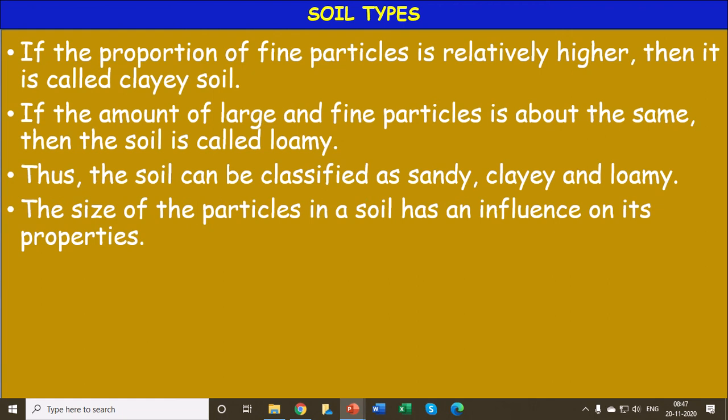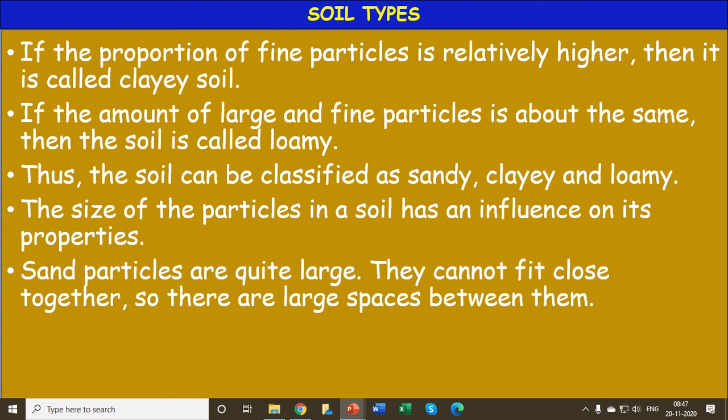The size of the particles in a soil has an influence on its properties. Okay, especially the properties of the soil depend upon the size of the particles in a soil. The sandy particles are quite large in size.